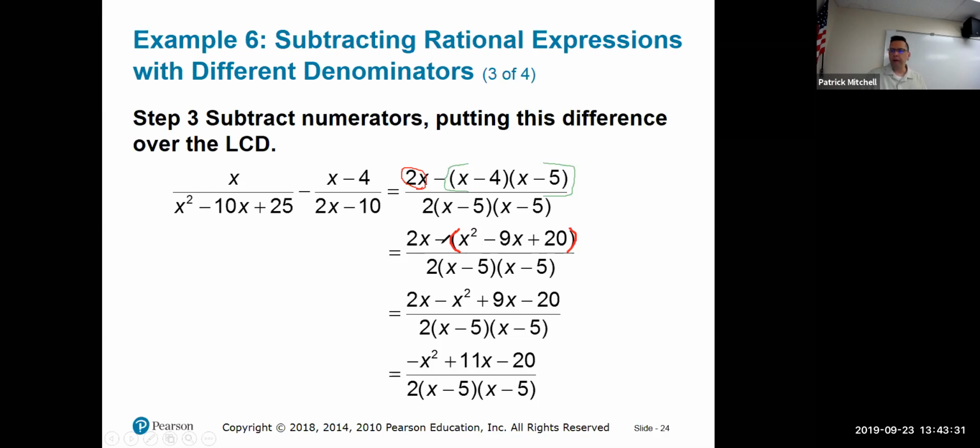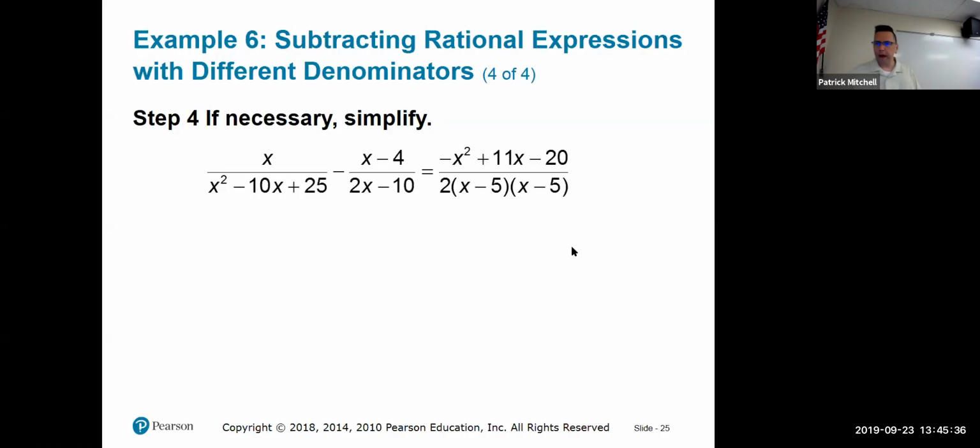After you distribute that negative sign over that trinomial, all the signs change. You get minus x squared plus 9x minus 20. And then you combine your like terms. 2x plus 9x gives you negative x squared plus 11x minus 20.